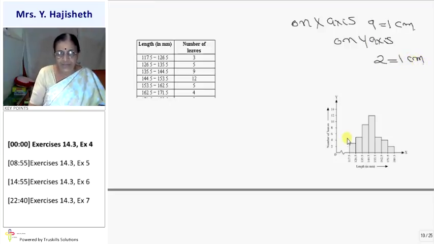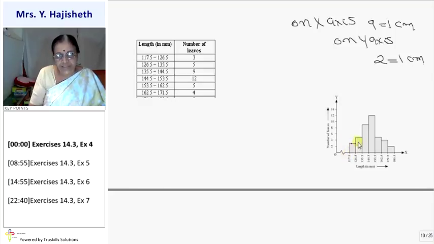Now I will take the frequency from 117.5 to 126.5. The frequency is 3. So I take 2 points at height 3, this and this. I draw a bar of width 1 centimeter and height 1.5 centimeter, between 2 and 3.